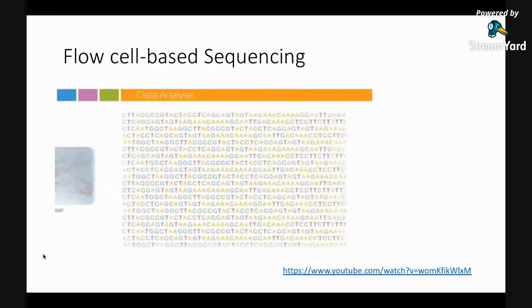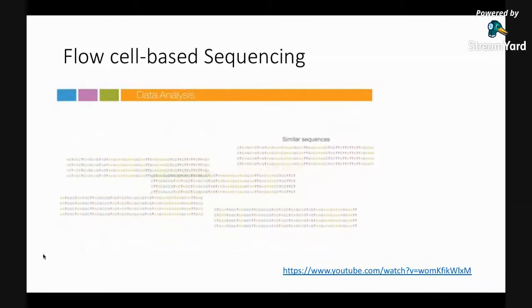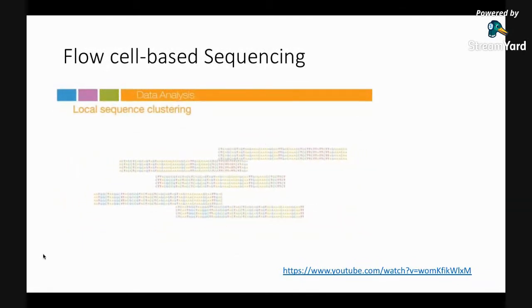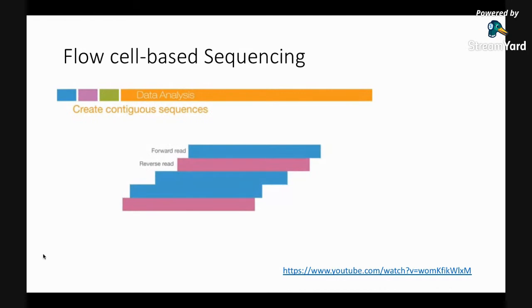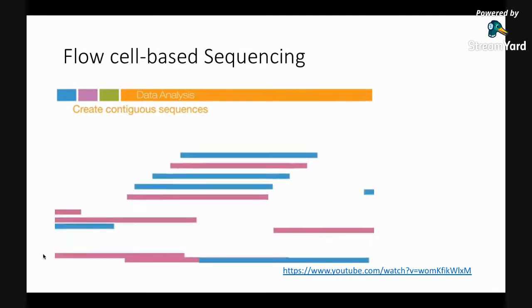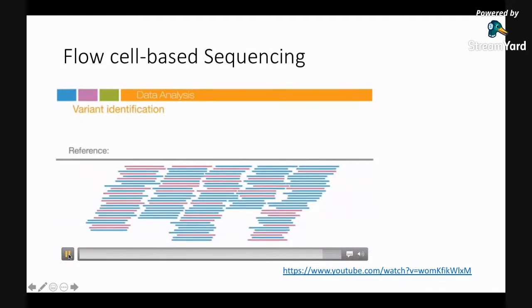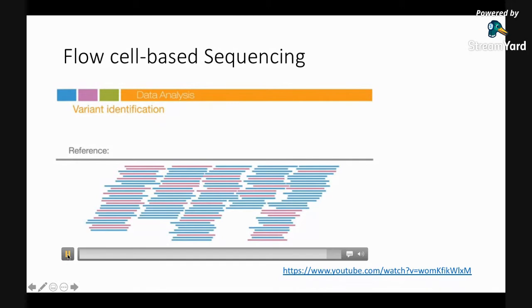Sequences from pooled sample libraries are separated based on the unique indices introduced during sample preparation. For each sample, reads with similar stretches of base calls are locally clustered. Forward and reverse reads are paired, creating contiguous sequences. These contiguous sequences are aligned back to the reference genome for variant identification. The paired-end information is used to resolve ambiguous alignments.